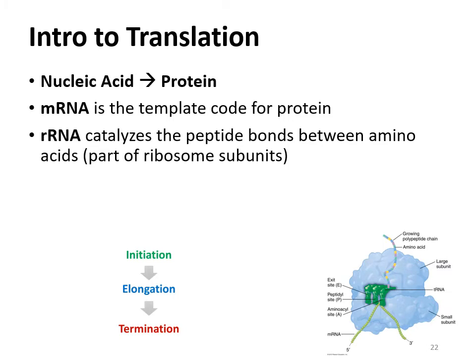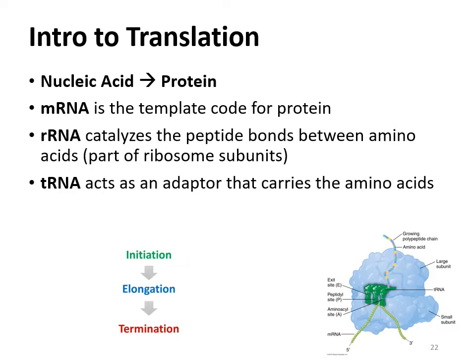rRNA is very important. That's actually part of the ribosome. And the fact that the ribosome has some rRNA, which is nice, clingy single strands of RNA, that allows the ribosome to grab a hold of the mRNA to then use it as the template.